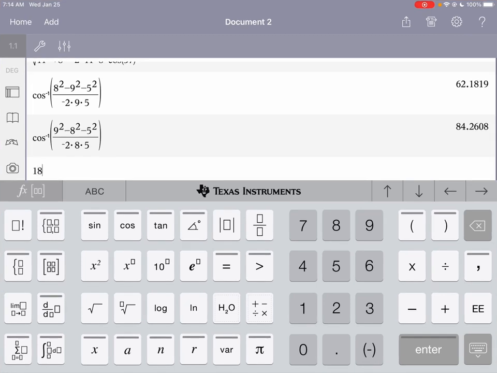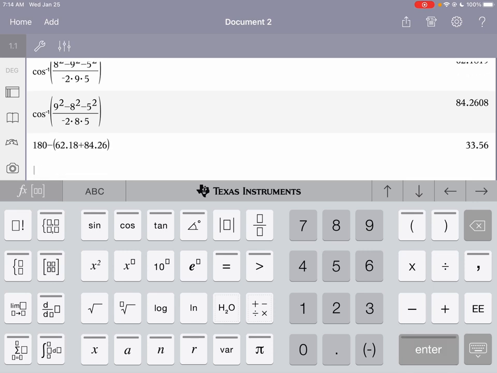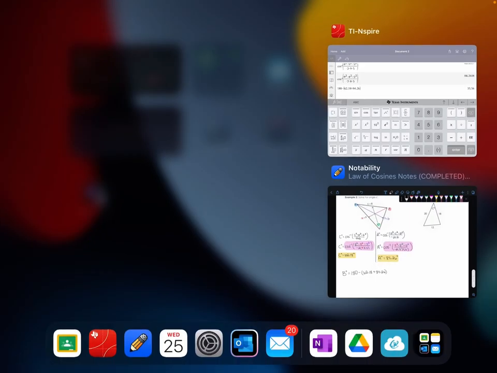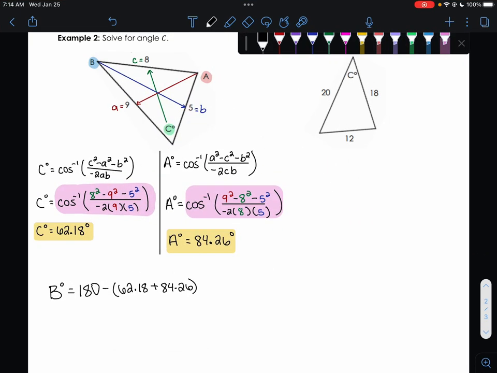So we get 180 minus the sum of 62.18 and 84.26. I press enter, I get 33.56. So my angle B is equal to 33.56 degrees.